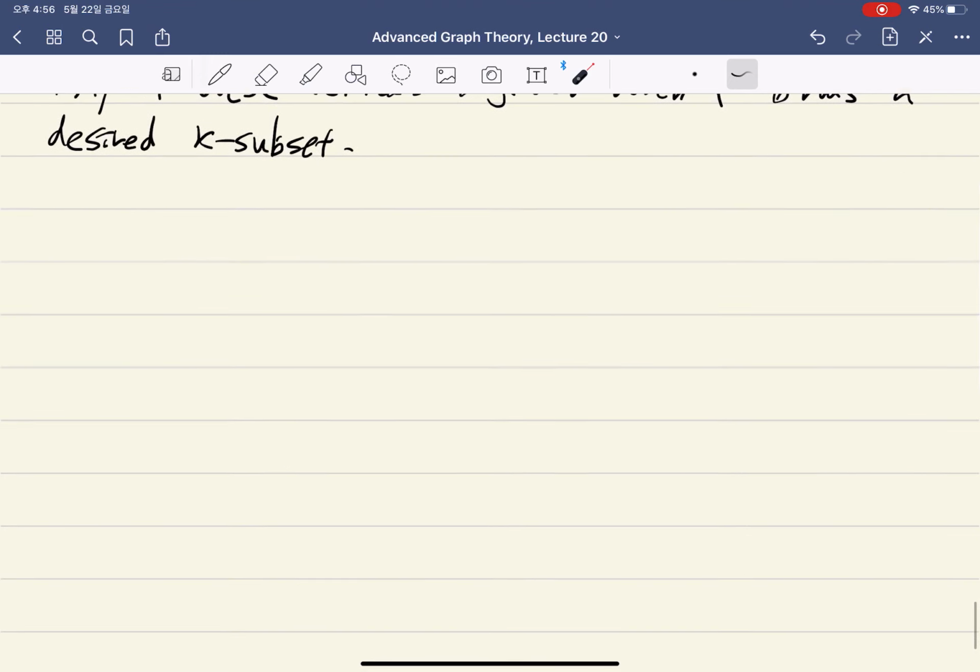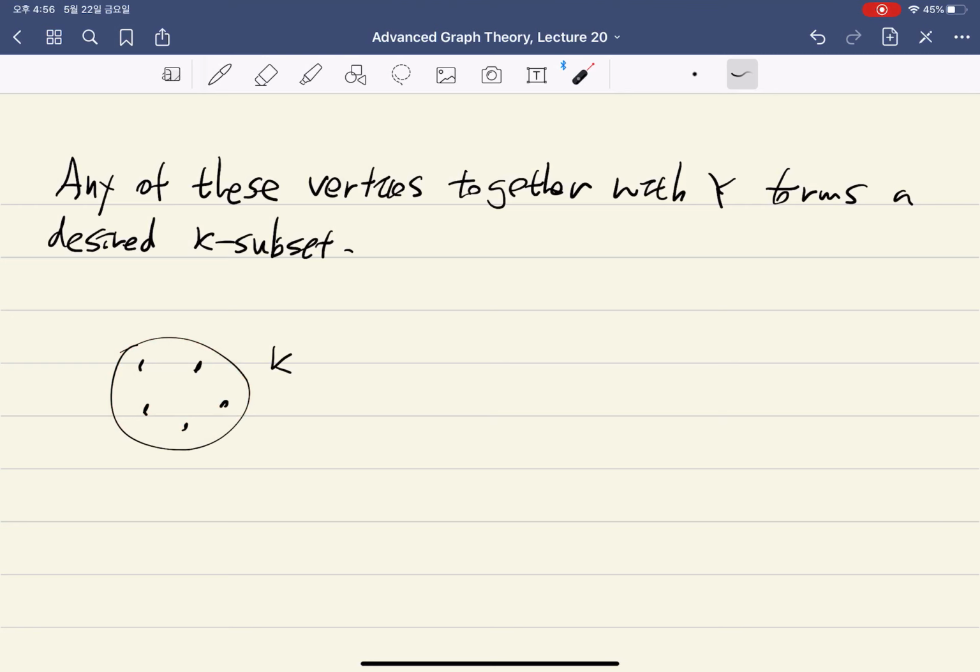For example, this set of size k could come from this Y plus this one vertex, or this Y plus that one vertex, or another Y plus another vertex. Then it's counted several times. But it can be counted at most k times, right?